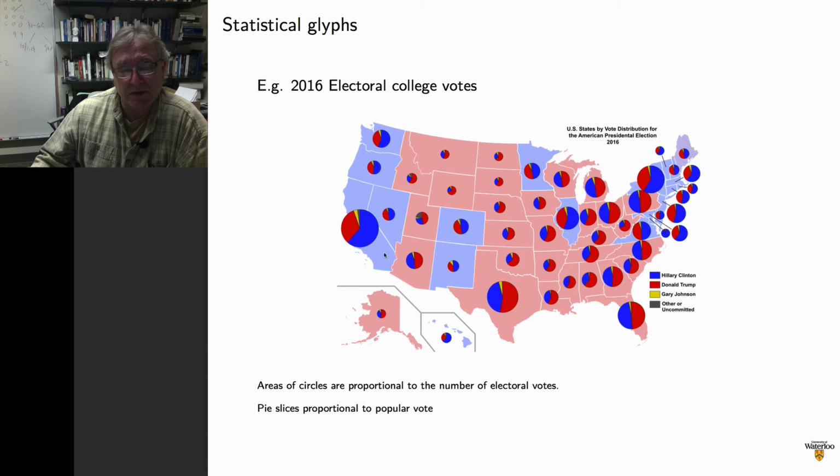But the pie charts themselves now are actually showing the proportion of votes that went for each of the parties. So in California, for example, all of these votes would go blue for Clinton because the Democratic Party won a lot of the votes. But clearly, there's a significant fraction that have voted Republican, and some that voted for others like Gary Johnson and other candidates.